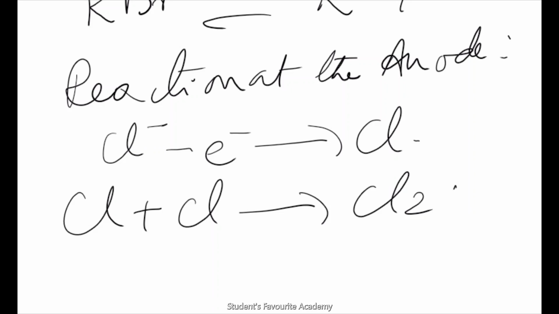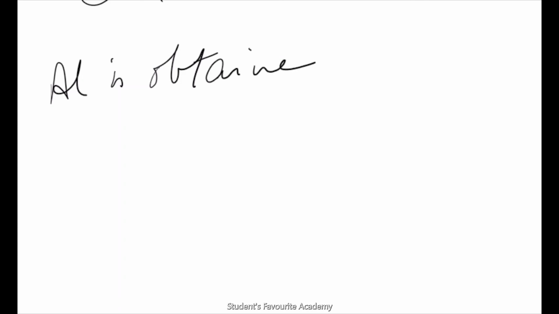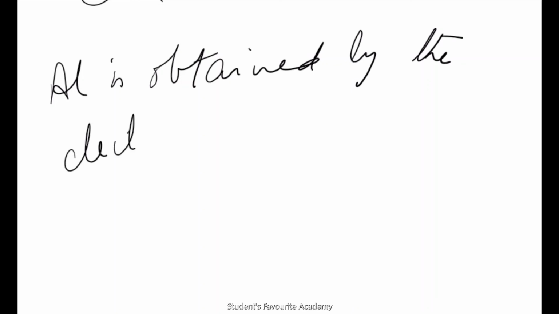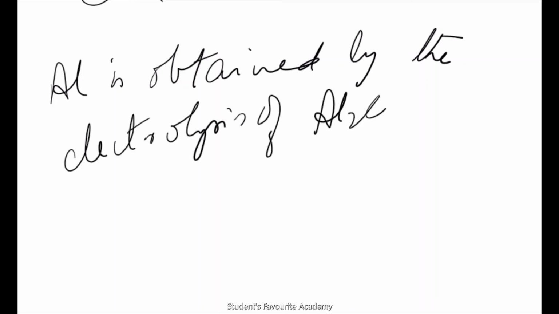Similarly, aluminium is obtained by the electrolysis of aluminium oxide. This you will learn in detail in metallurgy, in extraction of aluminium.